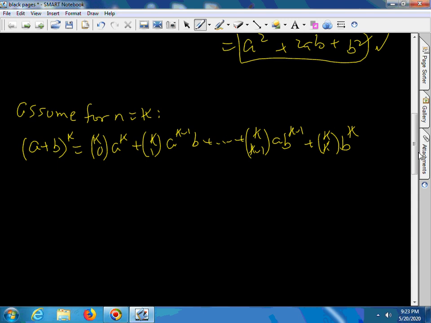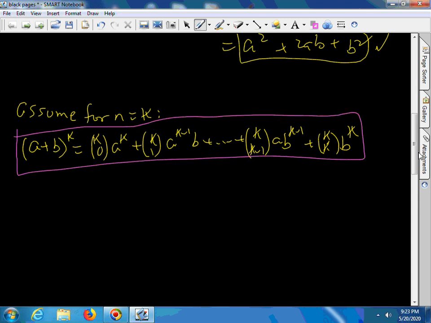We're going to assume that this equal sign is valid.